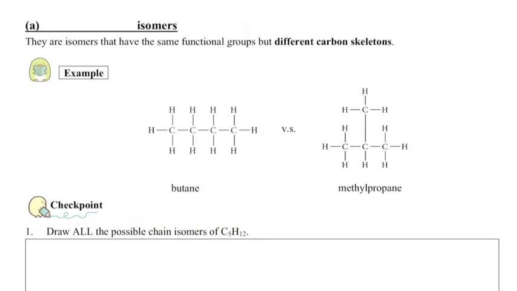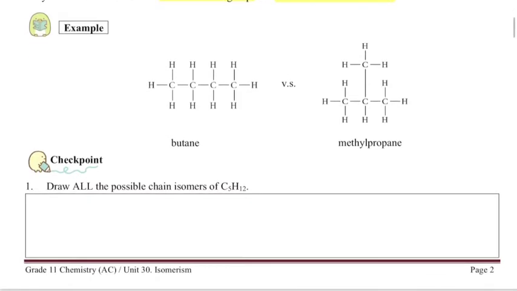The first type is called chain isomers. For chain isomers, just like indicated in the name, they differ in the carbon skeletons, so the longest carbon chain. But you also need to note that they must have the same functional groups. Here we have an example.